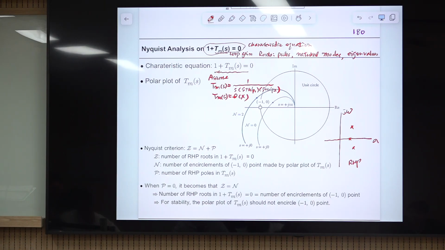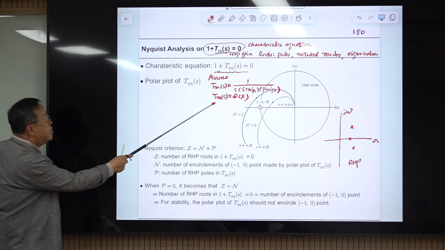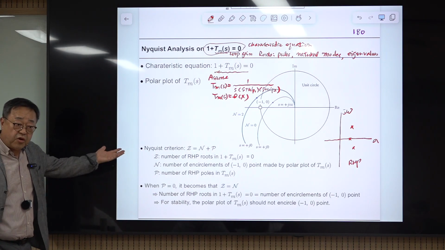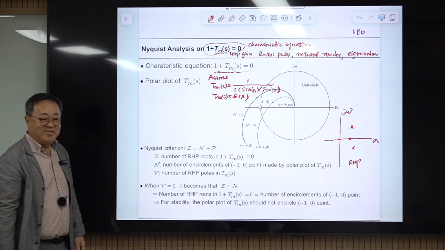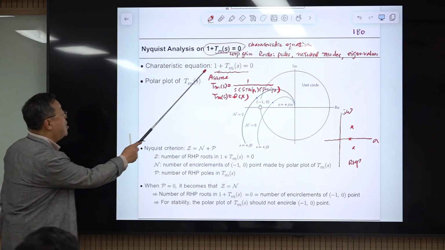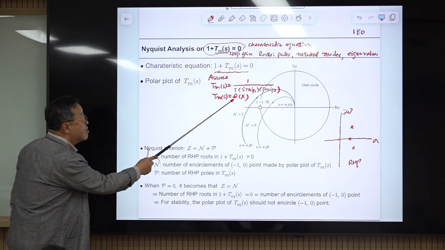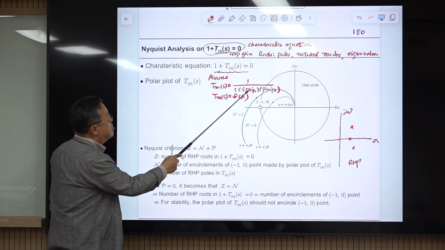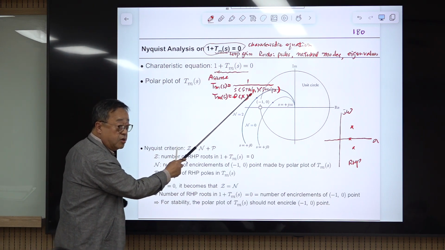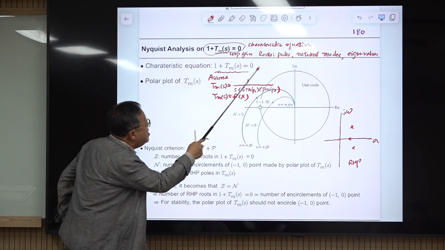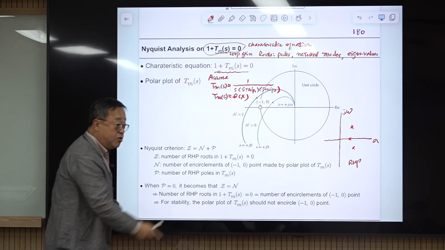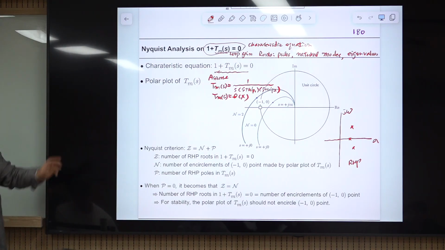There is no engineering value in that. These equations are entirely different. 1 plus something equals 0 and the something being 0 are utterly different. So you are interested in this, not this one. Maybe there is an RHP pole here. That's okay. You are worrying about the RHP root in here, not here. So TMS can be anything. But we assume that, and we plot the Bode plot of this one.